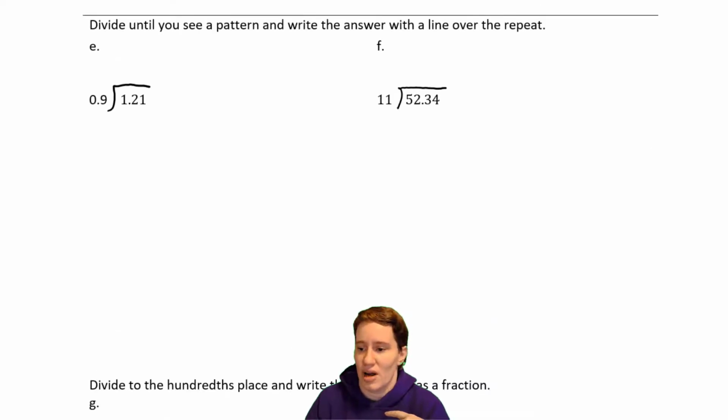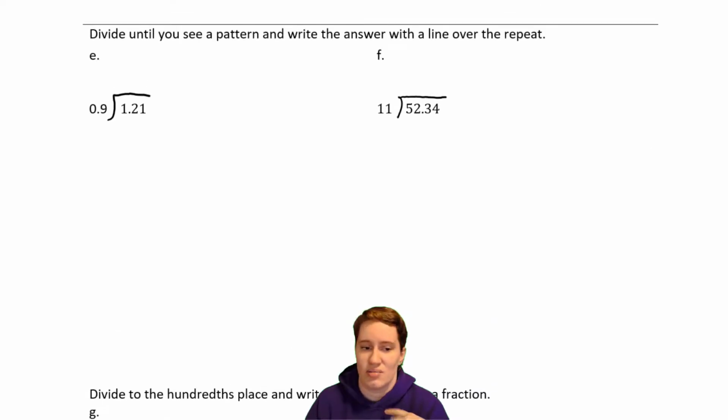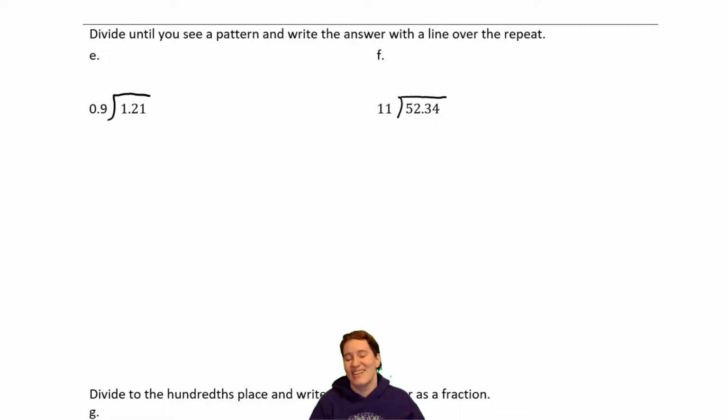Well, one of our options, and I think I've talked about this already because I think it's so fun: sometimes when we divide, it goes on forever, but there's a pattern. You're going to see that happen when you divide by 3, when you divide by 7, when you divide by 9, when you divide by 11, and probably lots of other prime numbers as well. Actually, basically, if you're dividing by a number, it should either work out evenly or it should repeat.